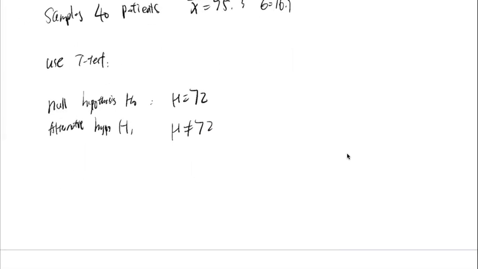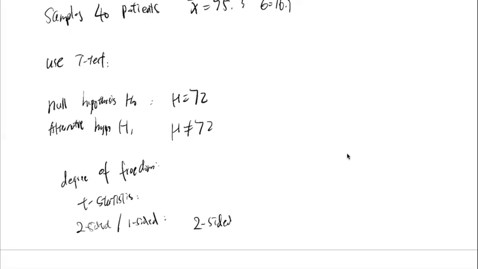That means it is a two-sided test instead of a one-sided test. For calculating the t-test, we want to look at the degrees of freedom, the t-statistic, and whether it is two-sided or one-sided. We know this is a two-sided test. The degrees of freedom in this case equal the sample size minus 1.